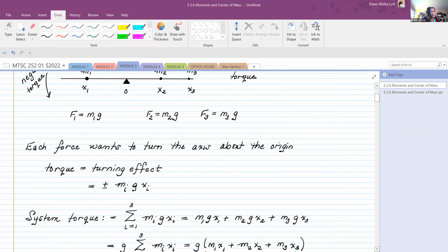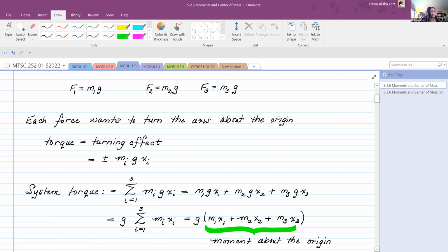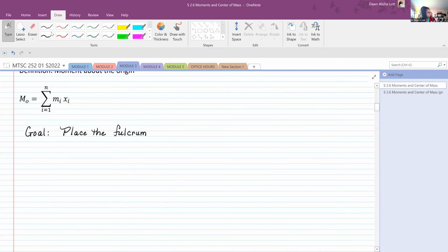This thing is the fulcrum. So our goal would be to place the fulcrum at a location that balances the system.